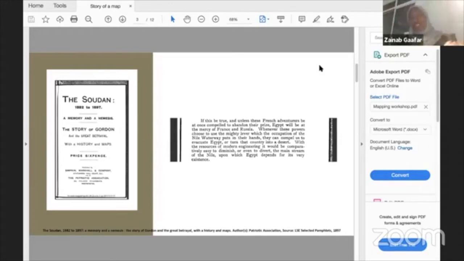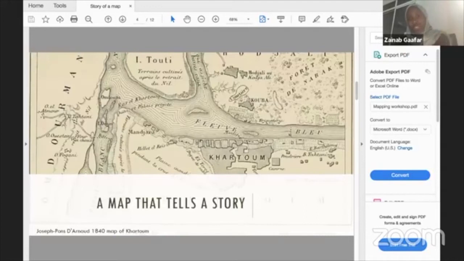But in this case, it's trying to convince the people that occupying another country was necessary. And to explain all of these different locations, Khartoum, the Nile, Fashoda, and all the cities, they had to use the map as a medium for storytelling. If we go to the next slide.